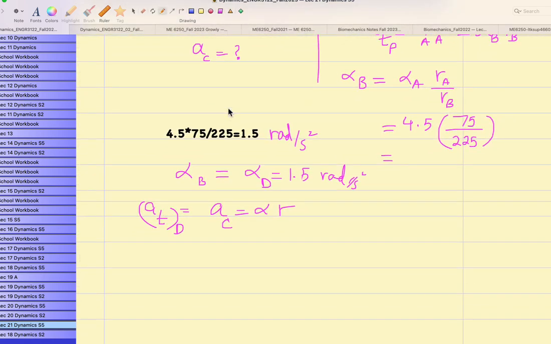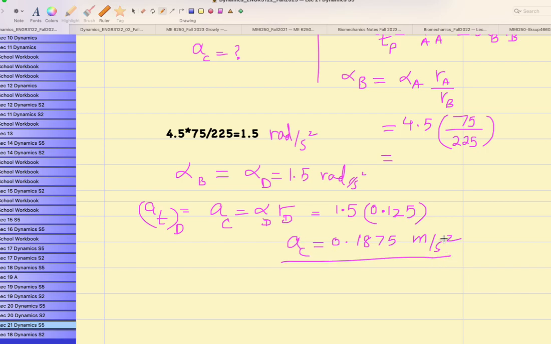Now I need to convert it into meters. So a_C equals alpha_D times R_D, which is 1.5 times 0.125. If you do the math, you get 0.1875 meters per second squared. This is the acceleration of block C as well, because they are all linked.